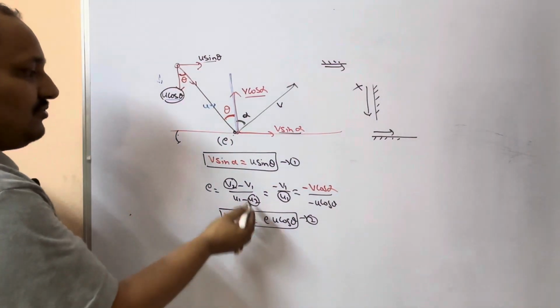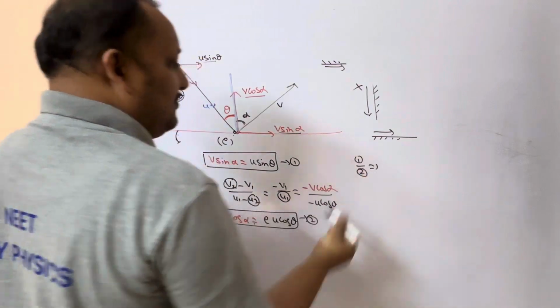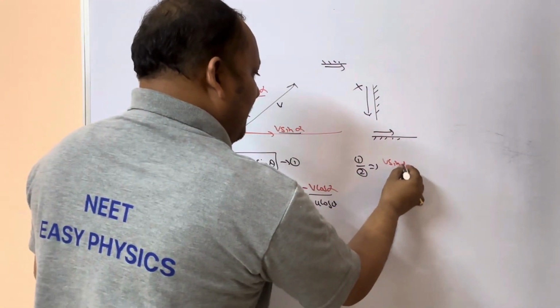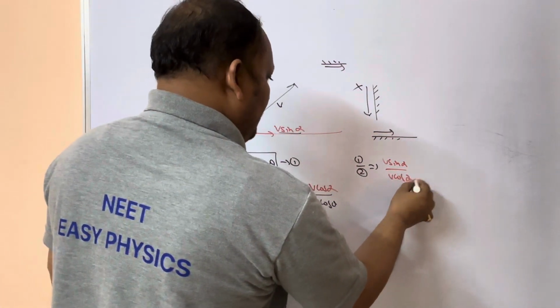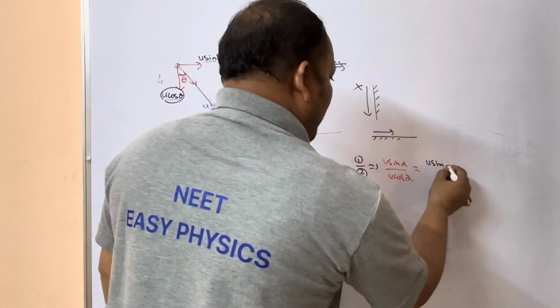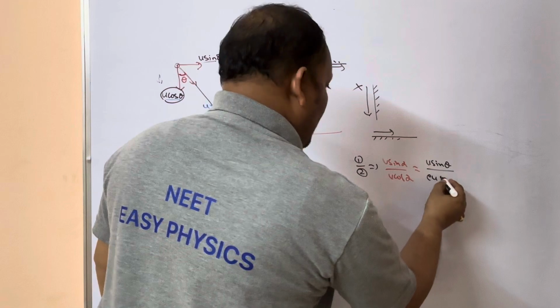So equation 1 by 2 you can do. What is the LHS? v sin alpha divided by v cos alpha is equal to, on the right side, u sin theta divided by e u cos theta.